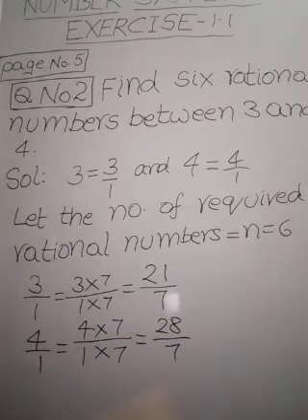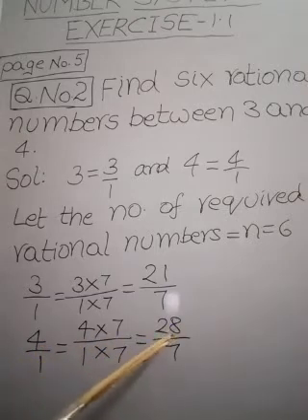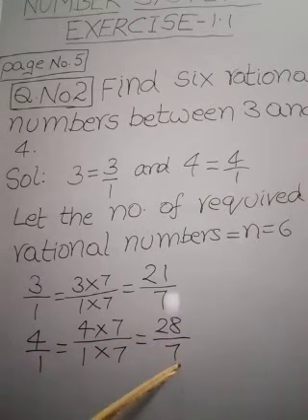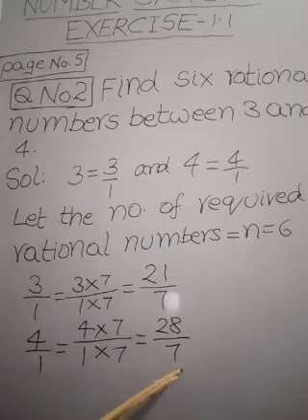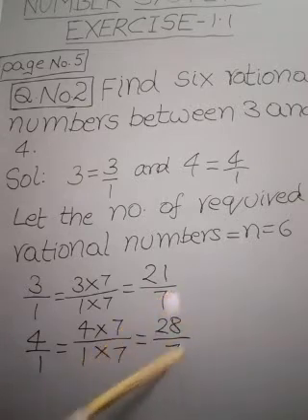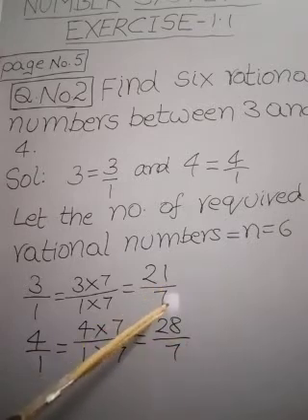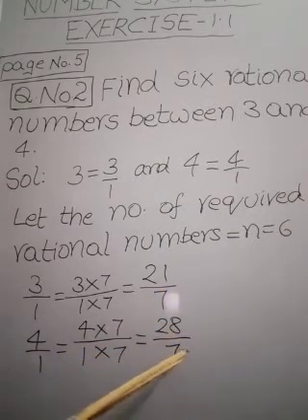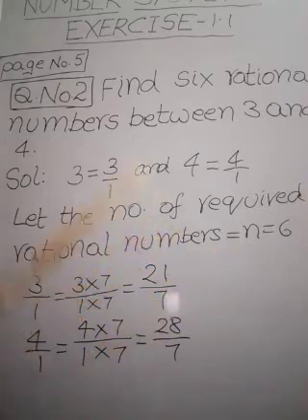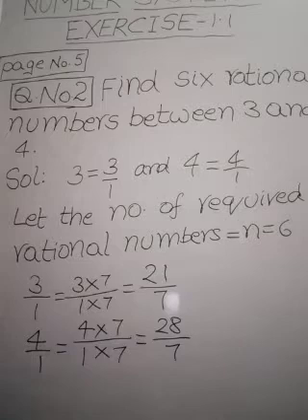Here also the rational number 4 by 1 is written as 28 by 7. Understood this question my dear children? So in between these two rational numbers 21 by 7 and 28 by 7, we can easily find the required 6 rational numbers.